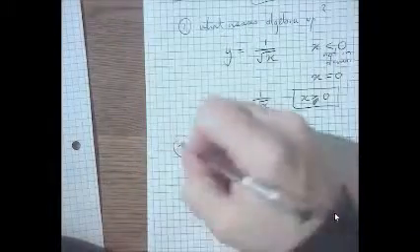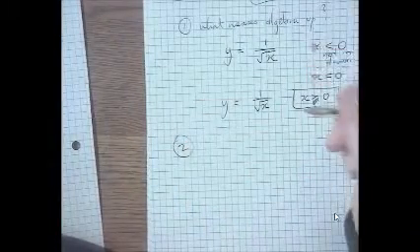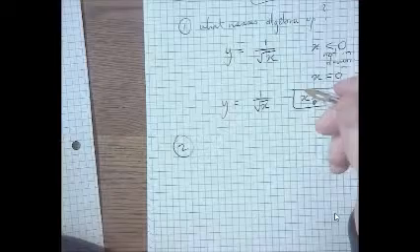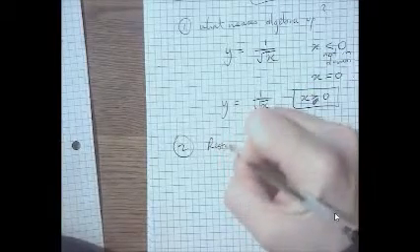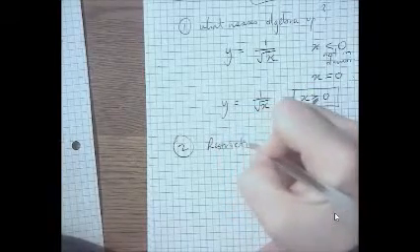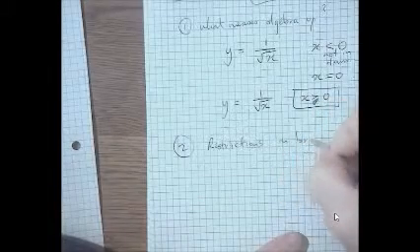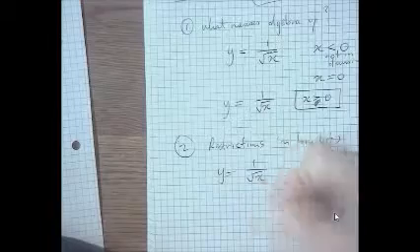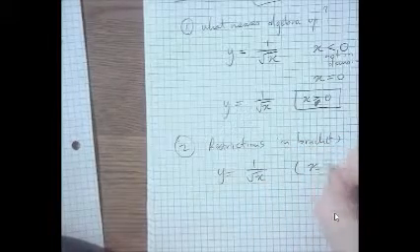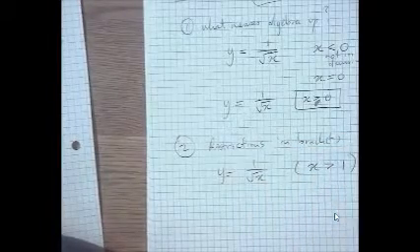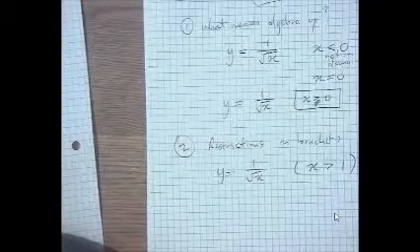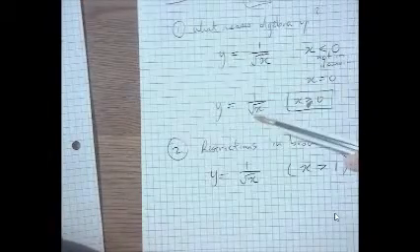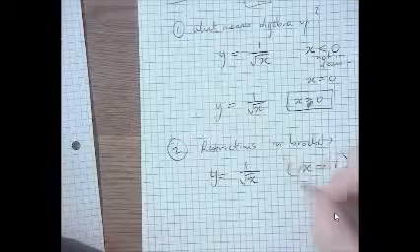Number 2 is restrictions in brackets. So if I have y equals 1 over root x, but off to the side it says that x is greater than 1, then that means that after having checked what makes the algebra work, you now need to restrict it further.